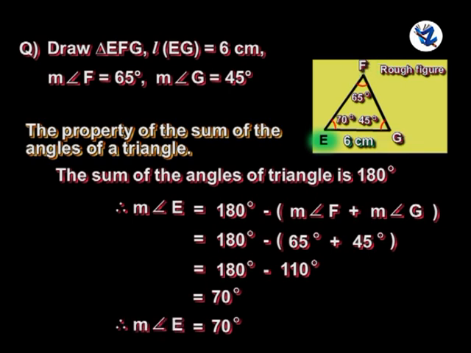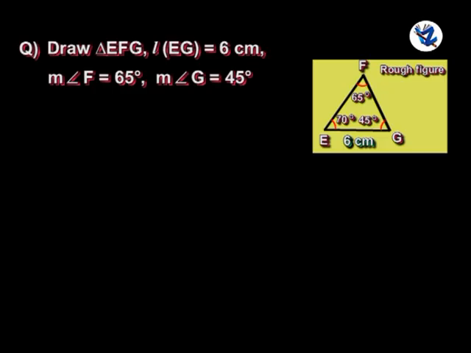Therefore, measure angle E is equal to 70 degrees. Now in the rough sketch, at point E, draw a ray making an angle of 70 degrees at E. So now in the rough sketch, angle E is equal to 70 degrees, angle G is 45 degrees.